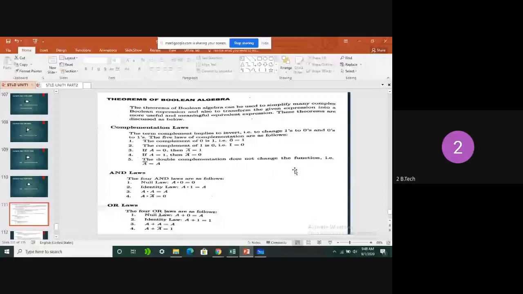Another law is there: A into 1 is always 1. Sorry, A into 1 is always A, not 1. If you take A equals 1, 1 into 1 is 1, and that 1 is nothing but what we consider as A. You have to respond to this equation.